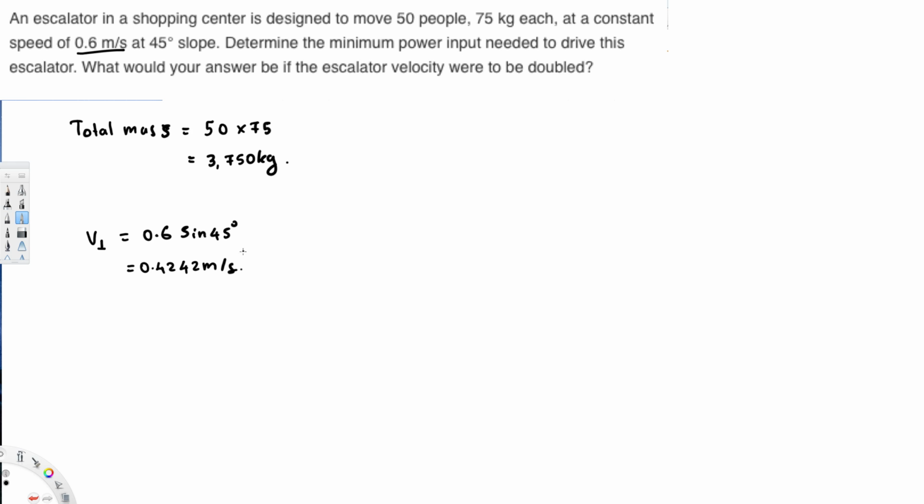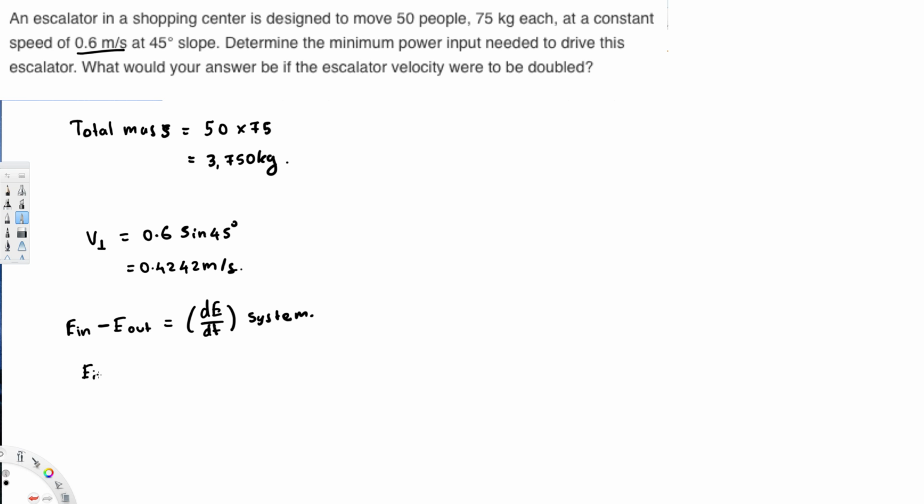So power is the main question. The equation we are going to use is the energy balance equation: E in, energy in, minus E out, energy out, is going to be dE over dt of the system. We know that there's no energy out, so we can put it as 0.